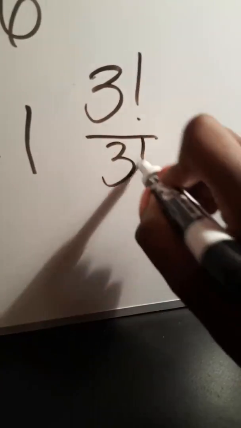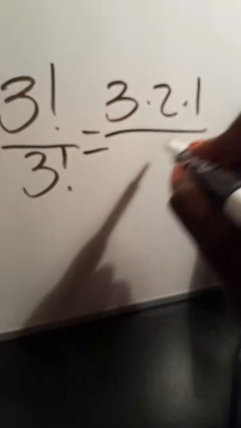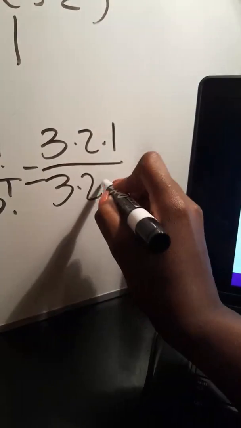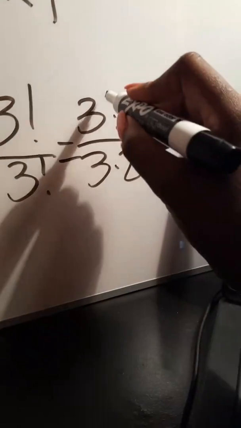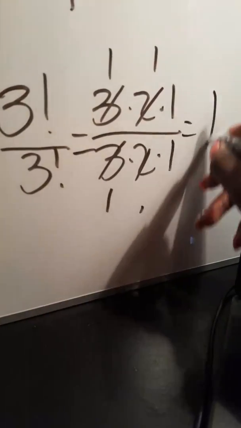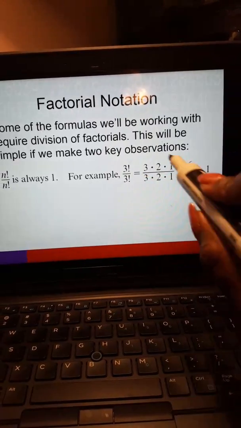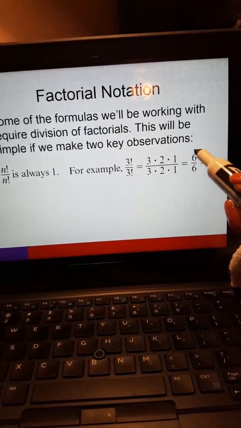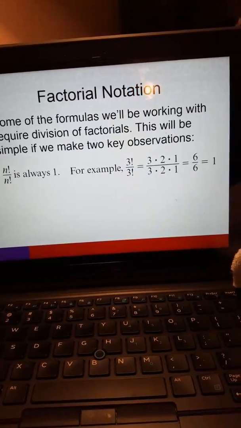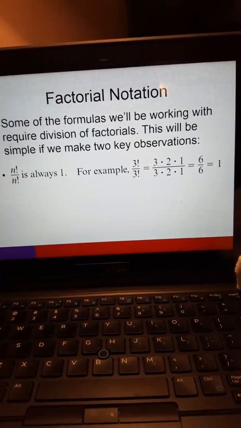But if we have 3 factorial over 3 factorial, that breaks down to 3 times 2 times 1 over 3 times 2 times 1, which once again can simply cancel out to 1 and 1, and it's still going to be 1. But as they did it here, instead of canceling out in this portion right here, they did 6 over 6 multiplying, which is still 6 divided by 6, which is 1.